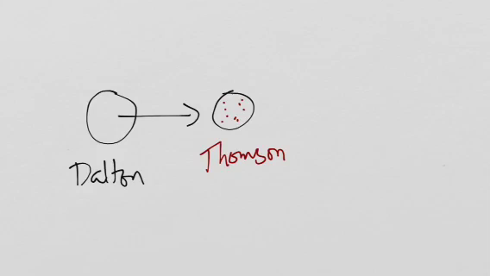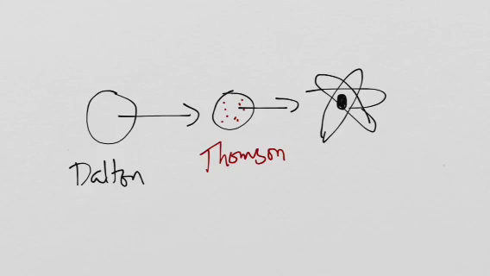Then we progress, and through the gold foil experiment, we come up with the idea that the atom has a very tiny center. The example they're giving is that the nucleus of the atom is the size of the tip of my pen in the center of, let's say, the Bell Centre. The rest of that space is empty space where the electrons live. So then we have this idea that the electrons are just going every which way, and this is Rutherford.